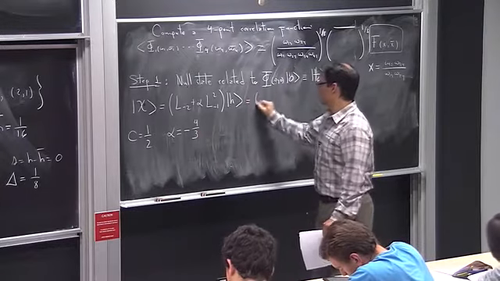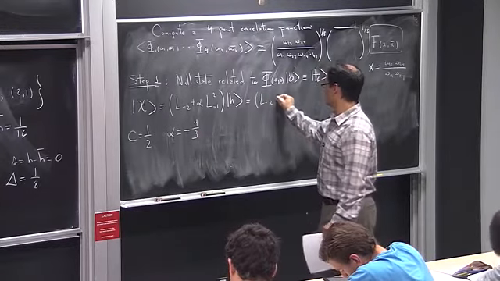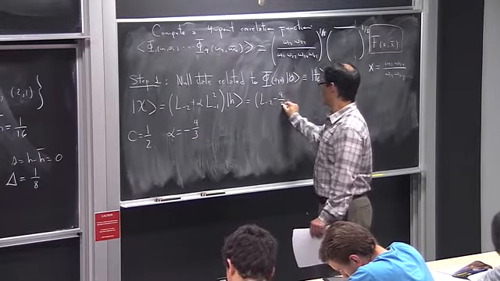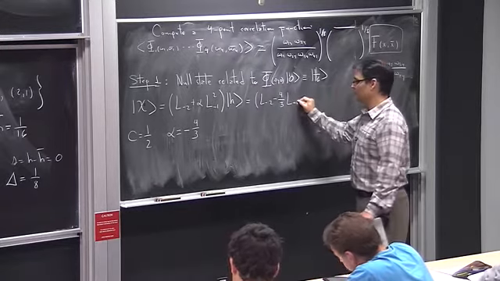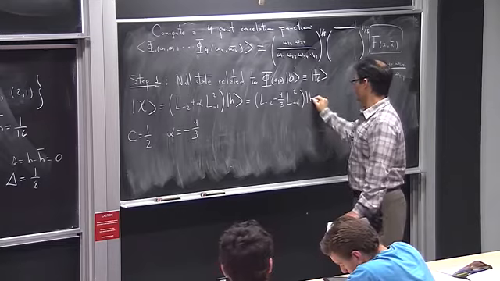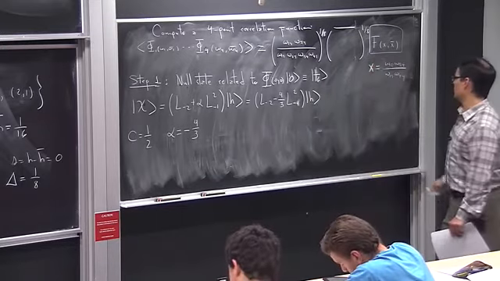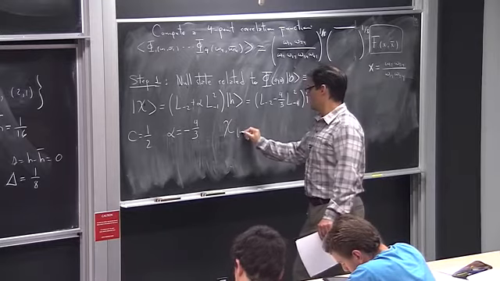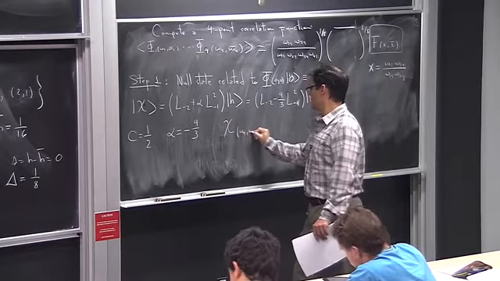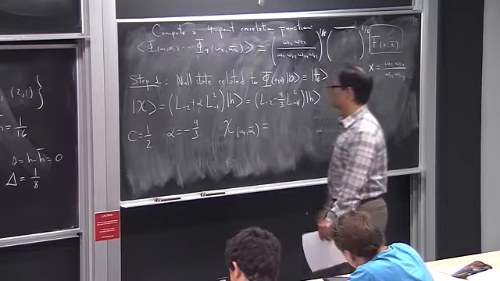Okay. So this is the operator. This is the state we want to study. Or we want to find an operator that creates this state. And such an operator we're going to call chi. And we're going to insert it at w4 and w4 bar.